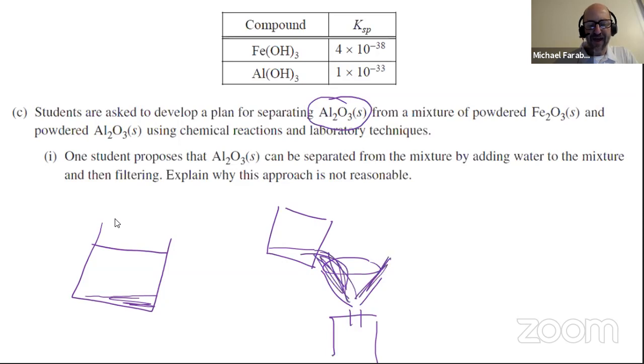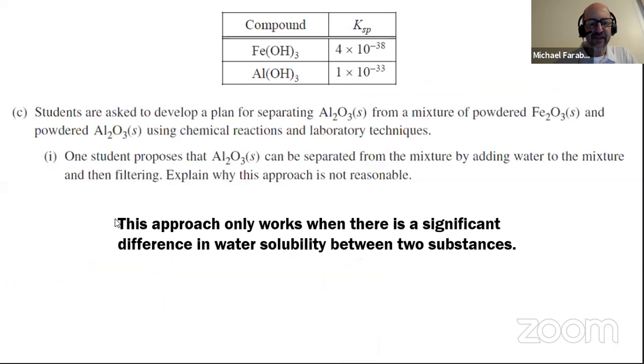Well, the problem with that technique, it says, explain why this is not reasonable. Even though there is a slight difference between the KSP values for iron and aluminum hydroxide, it's a very small difference. And so if you're going to separate one compound from another, there needs to be a pretty significant difference in the KSP value.